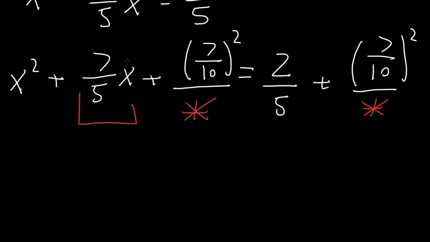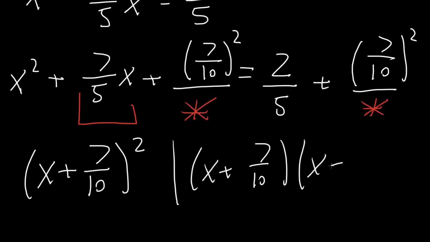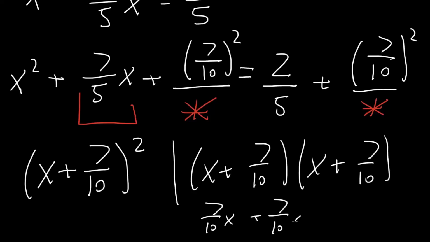So this term right here would be x plus 7/10. And this will always be the case. Because now, if we had x plus 7/10, well, let me write it out. Just to make it clear, x plus 7/10, x plus 7/10 like this, we have x times 7/10, so we have 7/10 x plus 7/10 times x, so another 7/10 x, and this will equal 7/5 x.